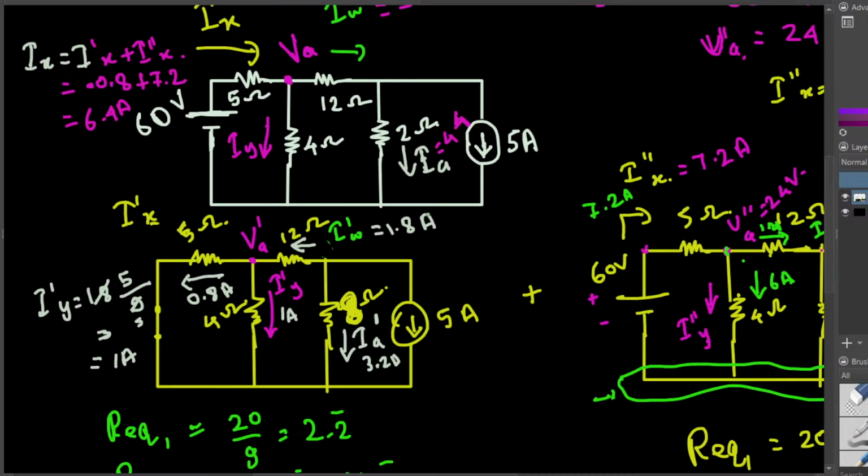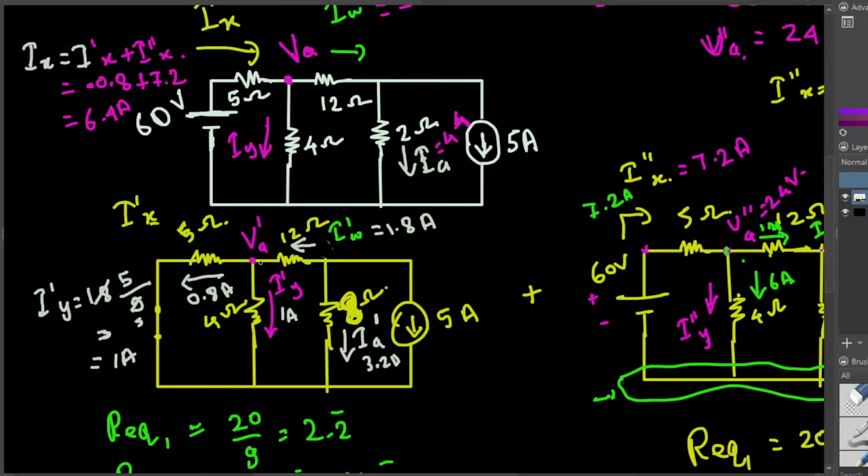And that's basically it. And then if you want to find out the voltage here, I think we solved the voltage for this. Let me see. We solved the voltage VA double prime, but we didn't solve for this. We can solve for this simply by taking I prime Y. So here the voltage is going to be what?